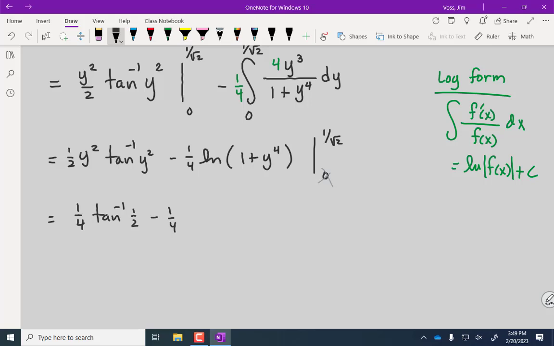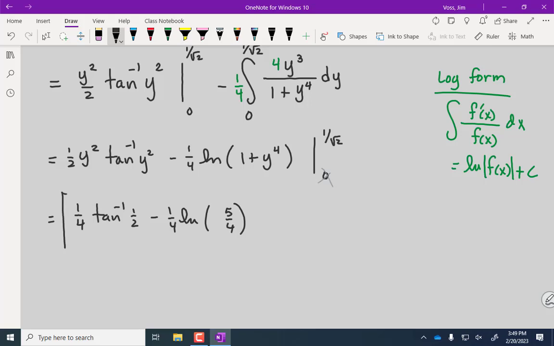Minus a quarter times natural log. 1 over root 2 four times is a half times a half, which is a fourth. Plus 1, 1 plus a fourth is 5/4.